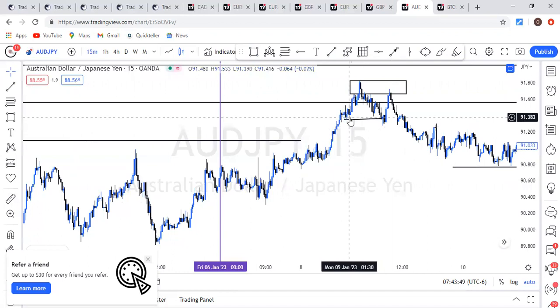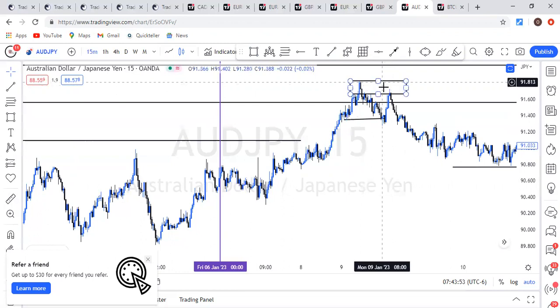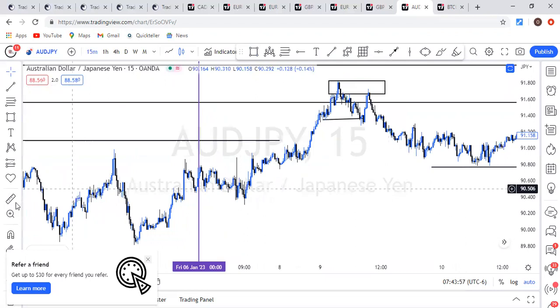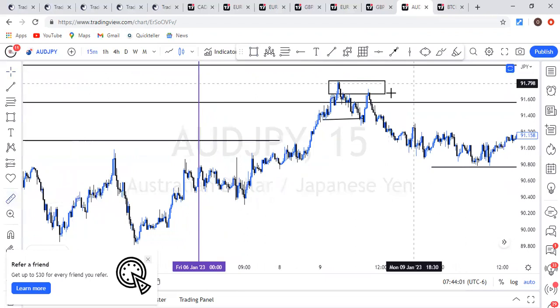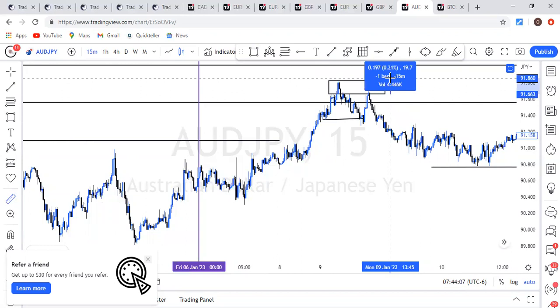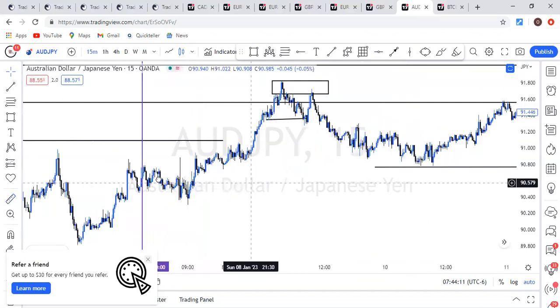That's where you have your change of character, and price came perfectly to tap into the 15-minute supply. And what did you see? Even if you decide to use 15 minutes time frame, your stop loss would have been about 19 to 20 pips. And look at it. Price has just been going down.